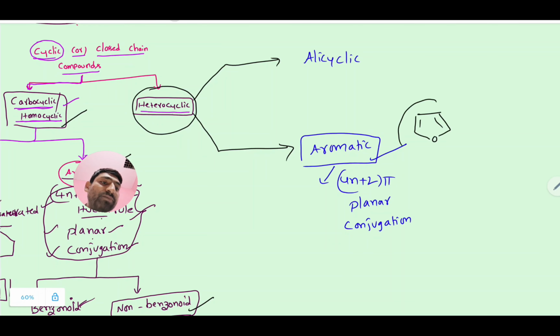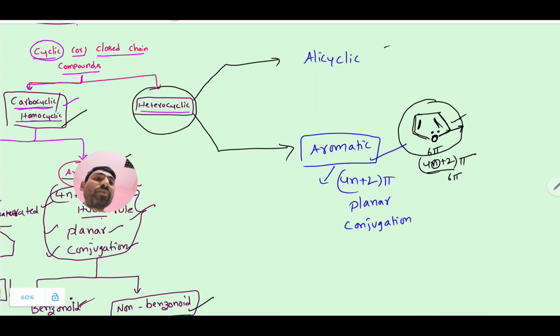For example, if you observe this compound, the carbon cycle contains one oxygen atom in the ring, and it also follows Huckel's rule. There are 2 pi electrons here, 2 pi electrons there, and a lone pair, so a total of 6 pi electrons. It follows the 4n plus 2 pi rule, where n is the number of rings. If you take one ring, you get 6 pi electrons. That's why it is called an aromatic heterocyclic compound, guys.